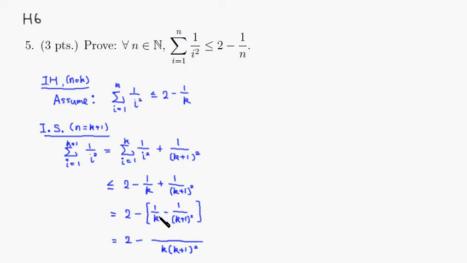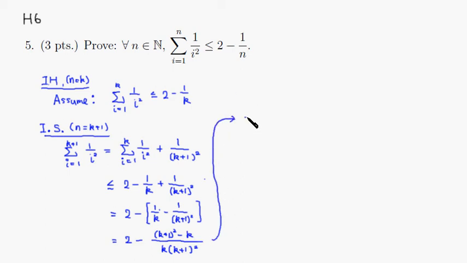Since we multiply k by quantity k plus 1 squared, we have to do the same thing to the numerator. So you will get k plus 1 squared. There's a negative sign, so you put the minus sign here. For the 1 over k term, we multiply the numerator by k.